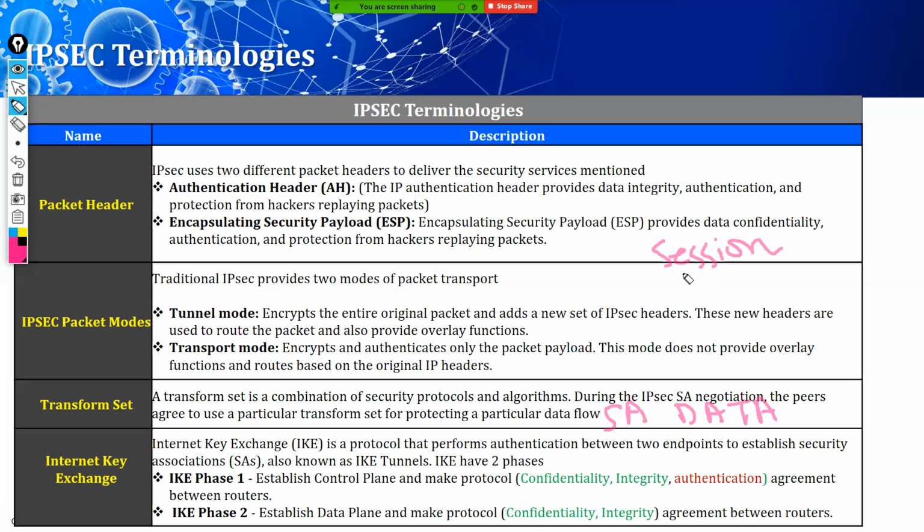Normally during session establishment, we use three security protocols, basically C, I, and A. But during data transport, we use C and I.